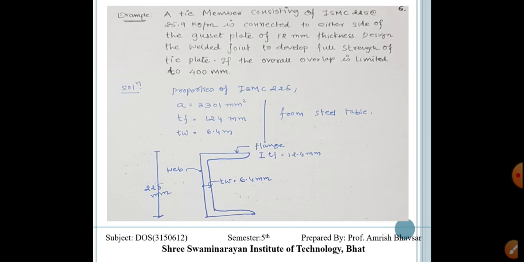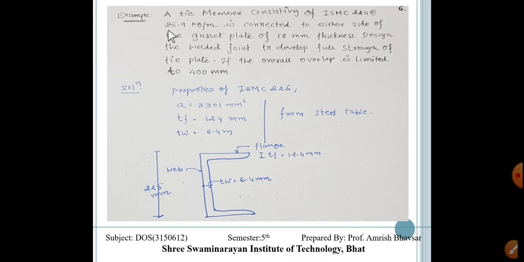So here, for understanding that case, I have taken another example, that is a tie member consisting of ISMC 250 at 25.9 kg per meter. Here, Indian standard medium channel has a depth of the channel of 225, like this. Okay, and here they have given the exact weight.